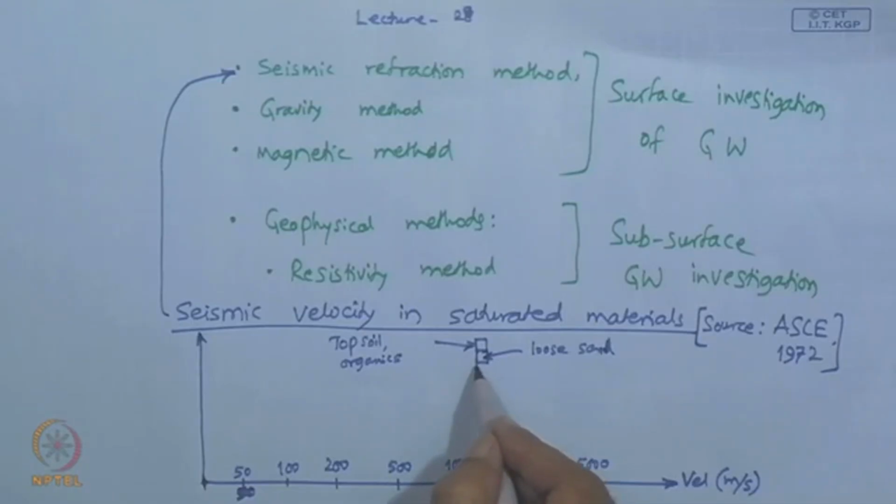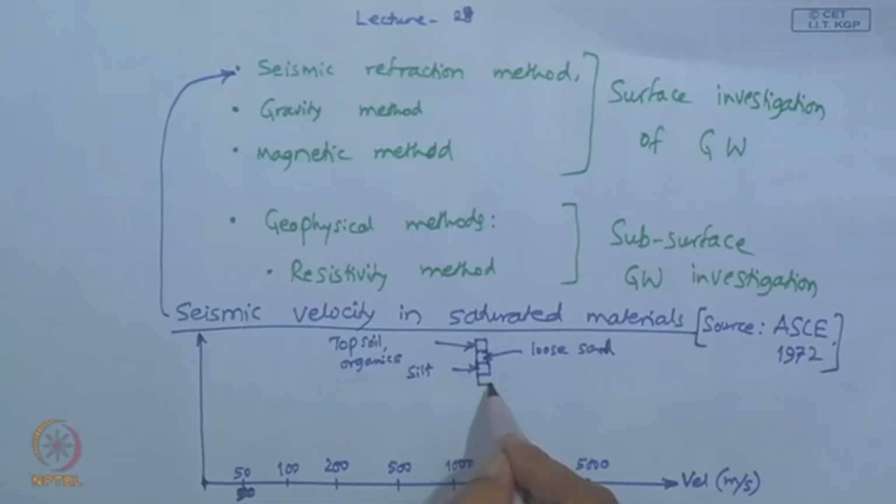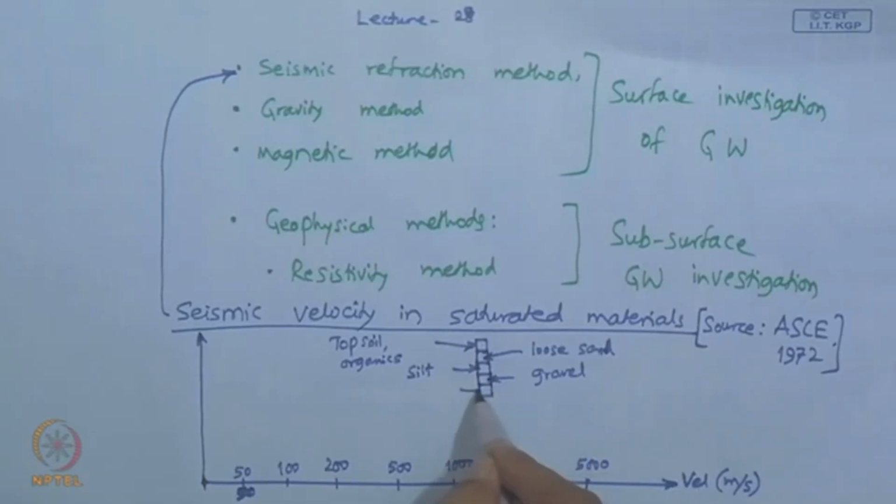Then silt, also the same range, followed by gravel. We are talking of saturated materials. So this is gravel, followed by tilled clay.